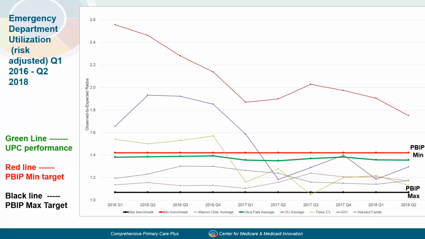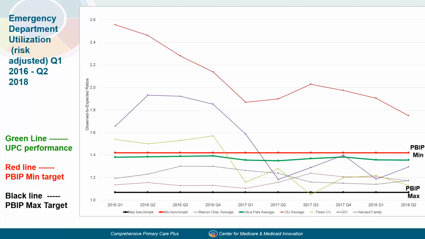We want our performance to be within the red line and the black line, closer to the black line if possible, because as we keep ED utilization lower, we have an opportunity to keep more of the dollars paid for that performance-based incentive program from CMS. As a reminder, we've talked about this probably early in 2016.